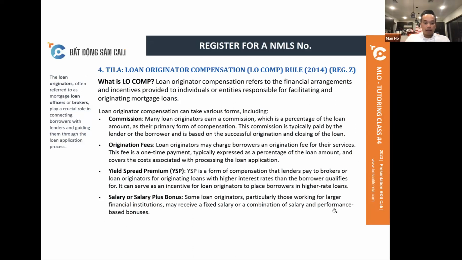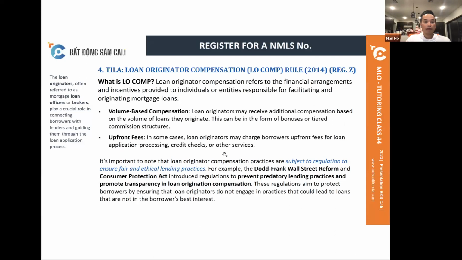Okay. So salary: some loan officers, some originators, particularly the ones that work for a larger bank or larger financial institution, receive a fixed salary, or sometimes a combination of a salary and a performance bonus. Okay, so that's how they get their compensation.